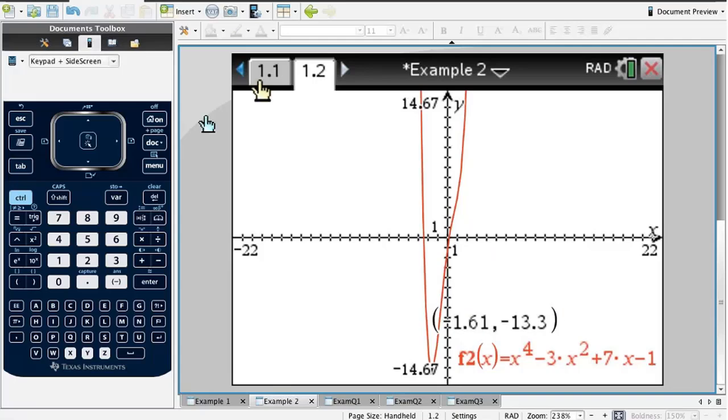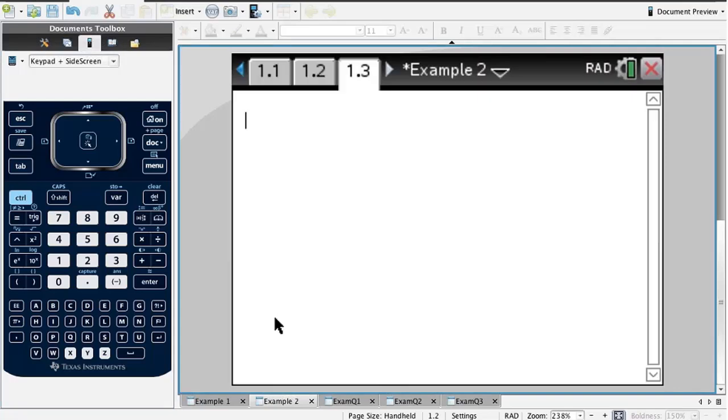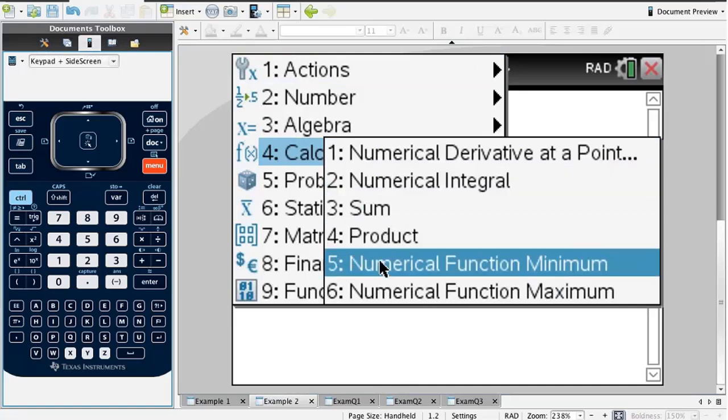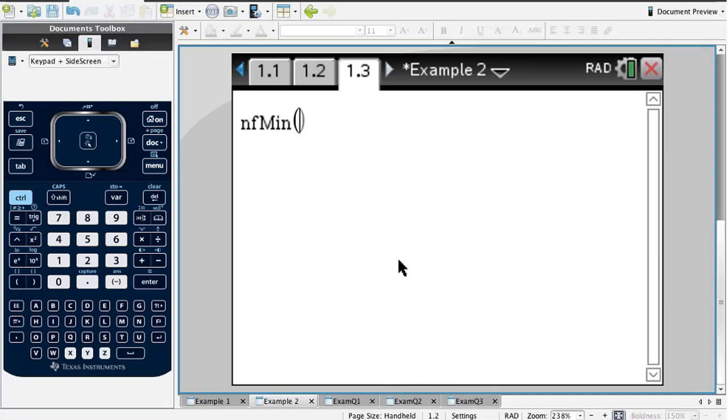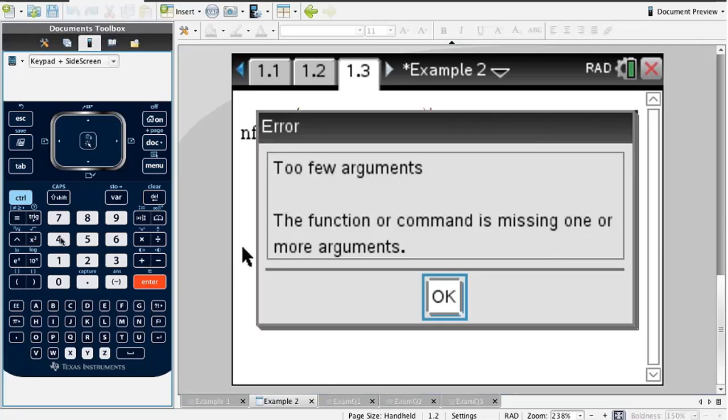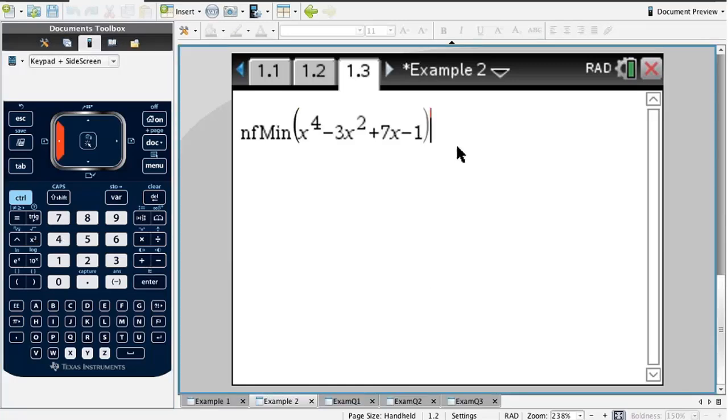Okay, so let's now have a go at opening a calculator document and using menu, calculus, the numerical function minimum. So I want the minimum of the curve x to the power of 4 minus 3x squared plus 7x minus 1, comma x.